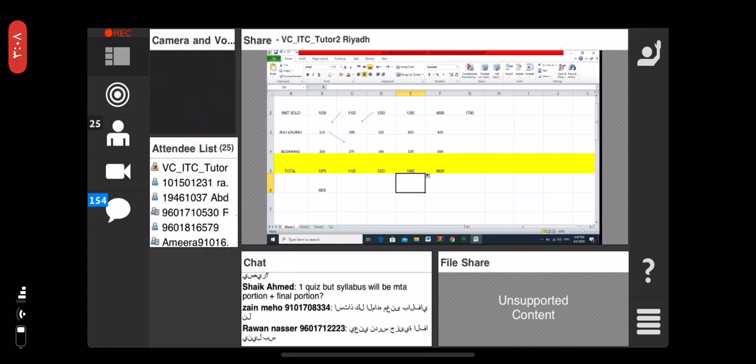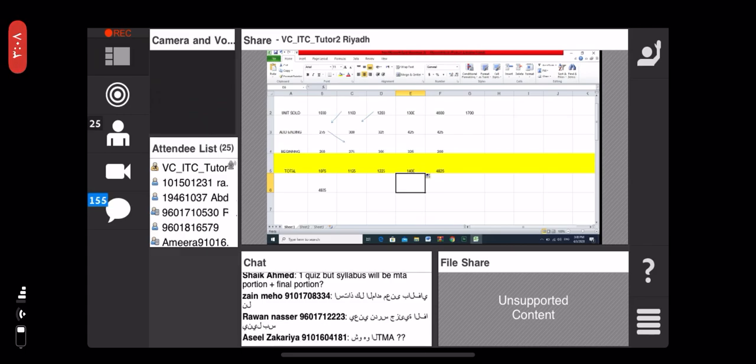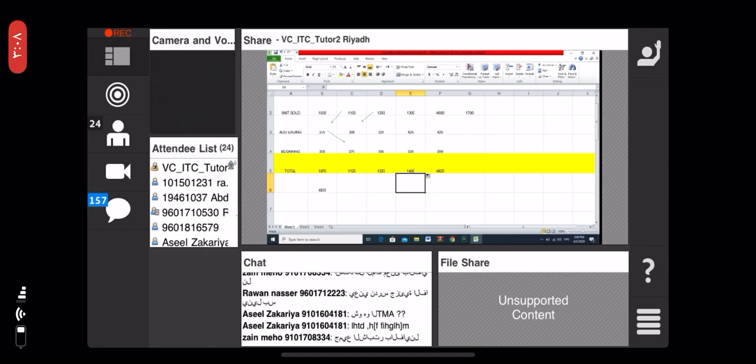Actually, these are different cases. We don't have TMA in course B124. So we have quizzes. Now quizzes will be the replacement for mid-term.